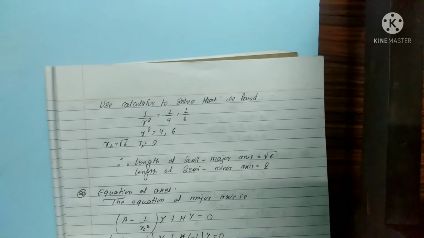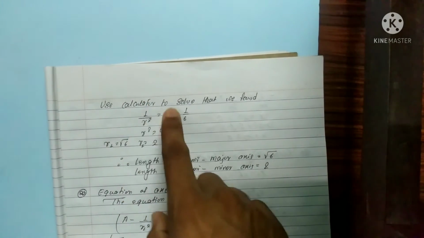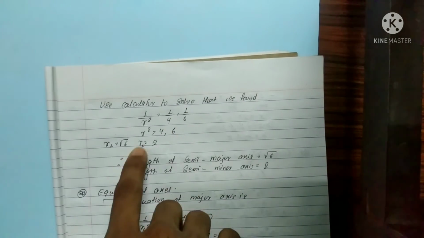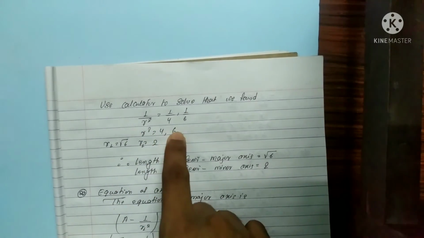Now use the calculator to solve that equation. We have found 1 by r squared is equal to 1 by 4 and 1 by 6, so r squared is equal to 4 and 6.